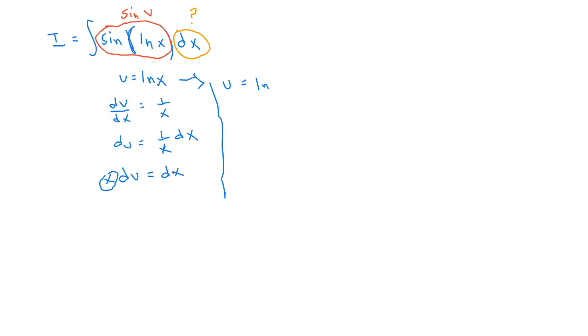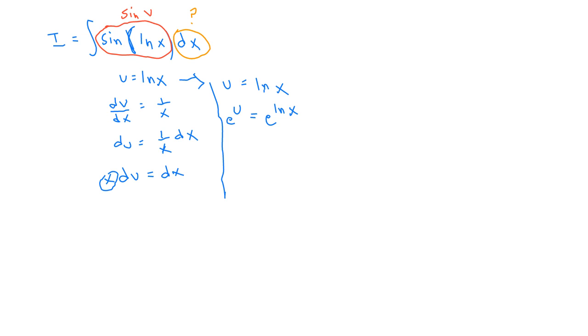If u equals the natural log of x, how can I get the x by itself on the right-hand side? What do I have to do to both sides of the equation? Well, you're almost right. How about exponentiate both sides? I think maybe that's what you meant.